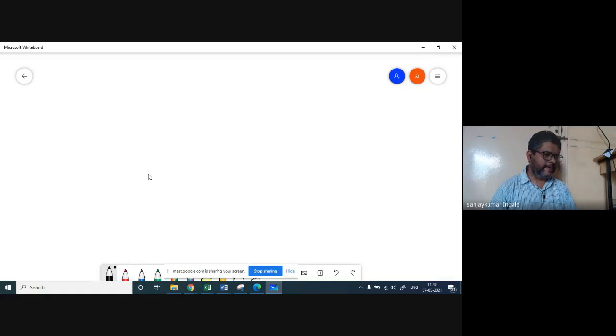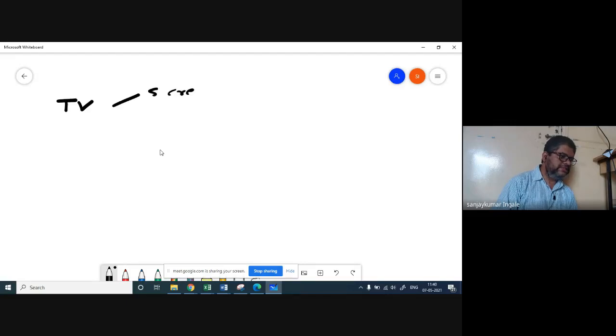Okay, so here we have taken an example of TV. Now we have seen there are different varieties of TVs, maybe based on screen size, maybe based on whether it is HD or normal TV, maybe based on whether it is a 3D TV or something like that.